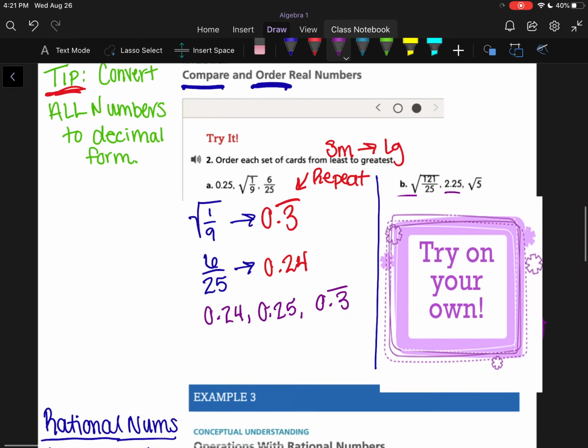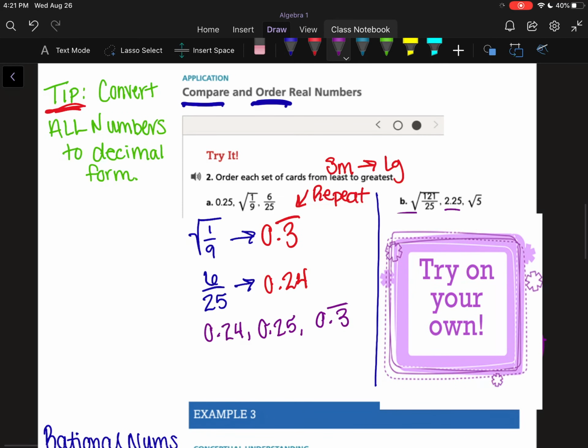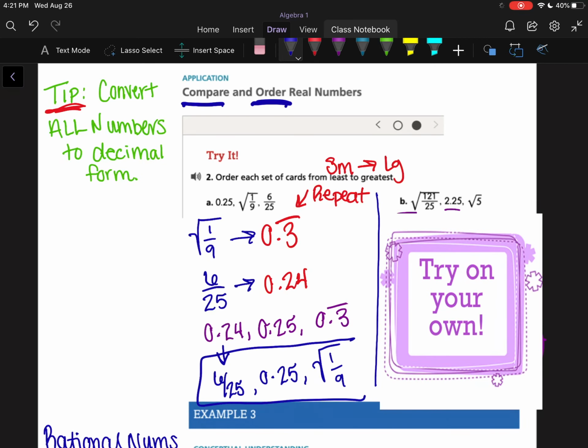However, I am not fully done because I'm going to convert them back to their original format. 0.24 was originally 6/25. 0.25 was given to us in decimal form, but 0.3 repeating was the square root of 1/9. Now I can put a box around that answer because I have, as the directions asked me to, ordered them from least to greatest. Pause and try to do part B.